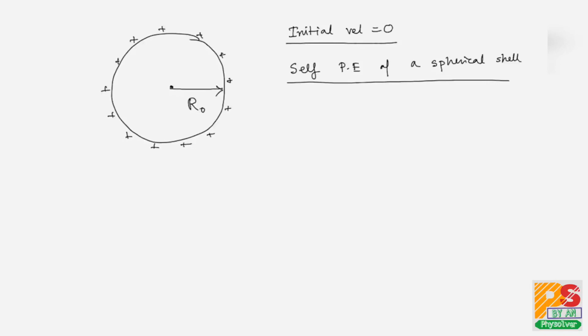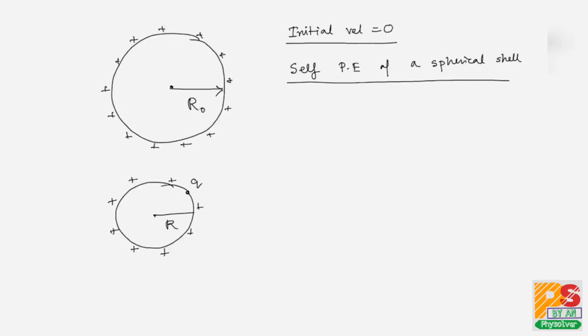Suppose the charge at any instant of time on a spherical shell is q. The charge gets uniformly distributed and the radius is r.